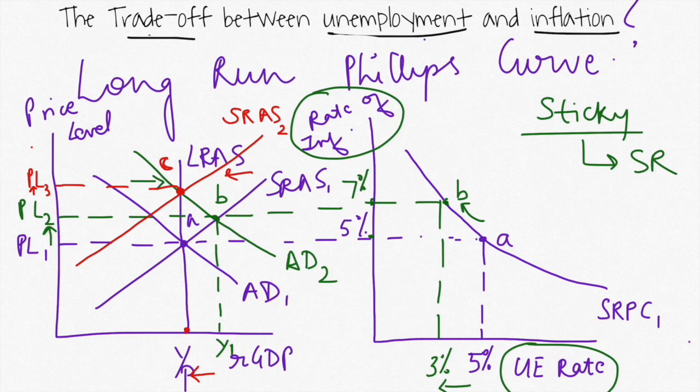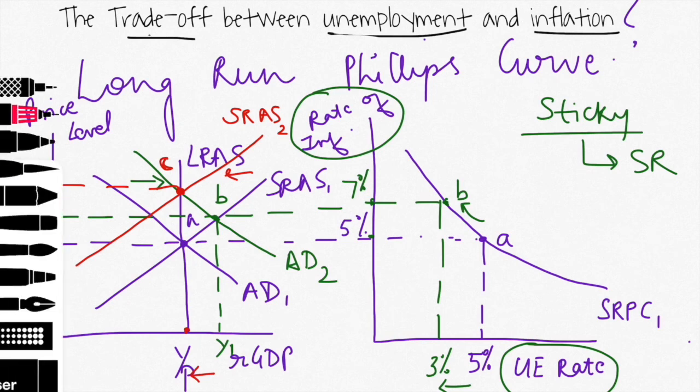So now, obviously, we will show that through a point which is again at 5%. So what we can do is basically extend this. We want to show a point somewhere here, right?